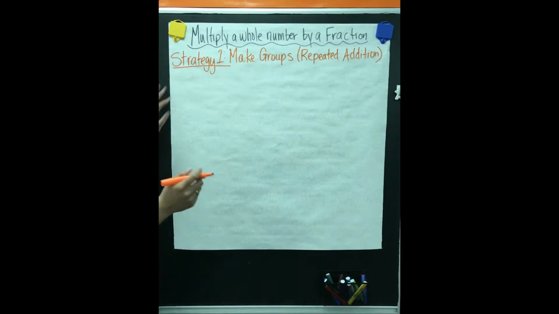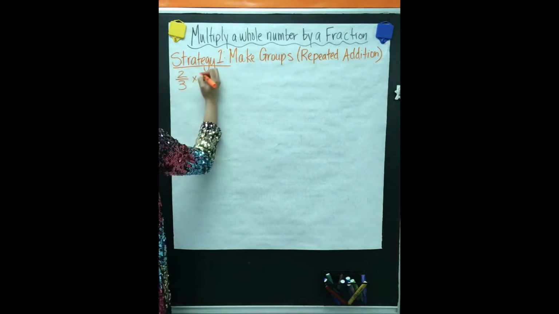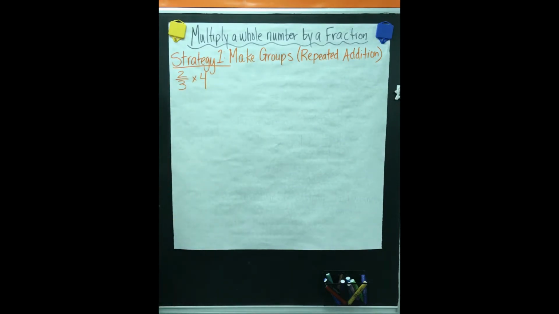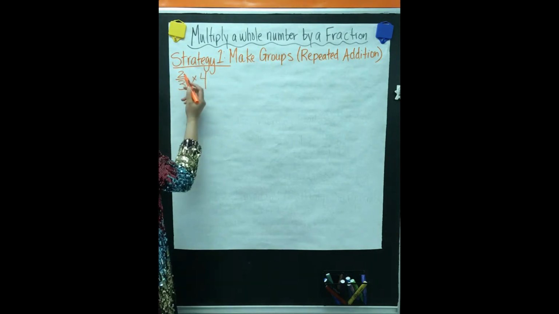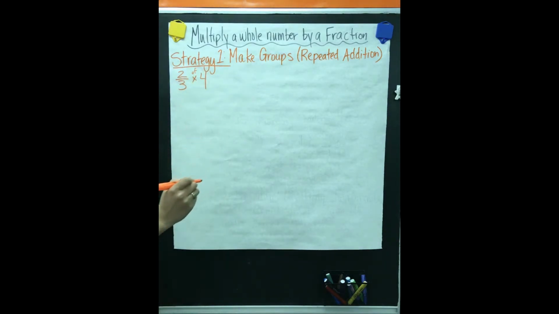The problem that we're going to use for all 3 strategies is going to be 2/3 times 4. So if we think back to what we did with the M&Ms, this really means 2/3 of 4. So our multiplication symbol now represents "of 4."